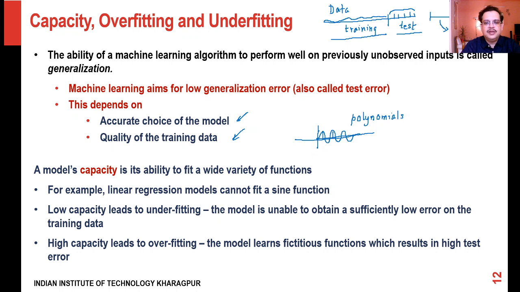So a linear regression model cannot fit a sine function. Similarly, a polynomial will not be very good at fitting a periodic function like a sine, or maybe an exponential function which grows very rapidly. So then you will not be able to fit it very nicely with a polynomial.